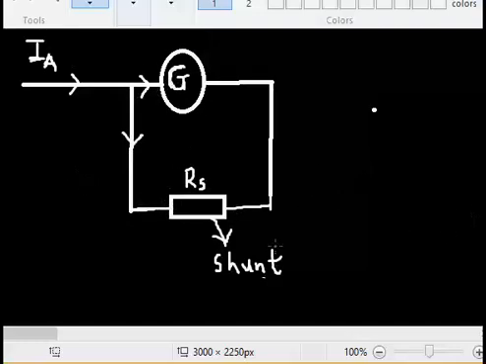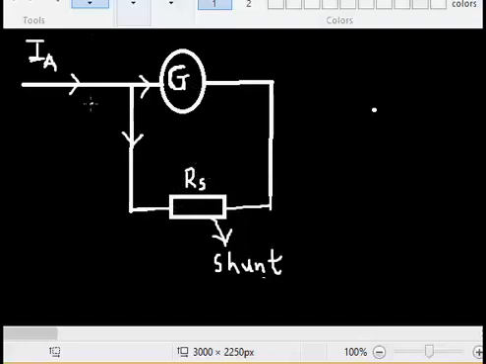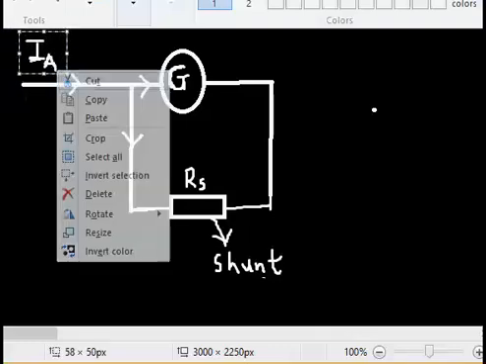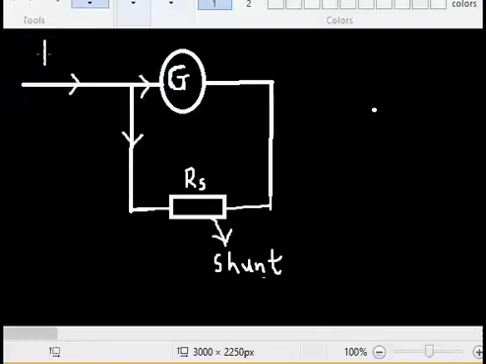So the question is, what is the value of this shunt that is needed? That's always the question. In exams, you need to find the resistance of this shunt that is needed for this conversion. How do I get this? Let I be the current that I want to measure.